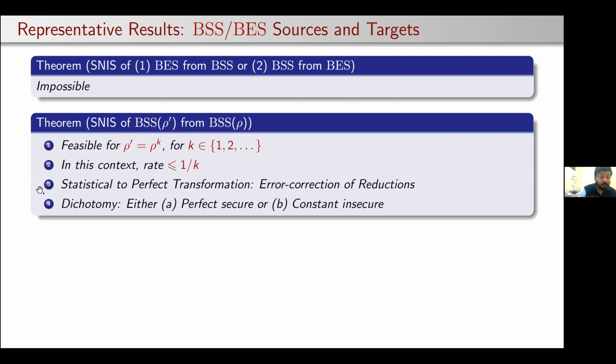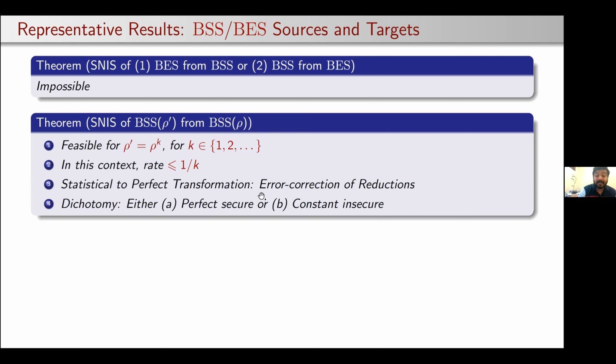And we prove a very strong result that shows that if you have a secure non-interactive simulation that has insecurity tending to 0, then we can error correct the reduction to construct a perfectly secure reduction.